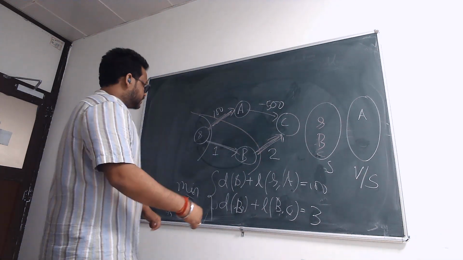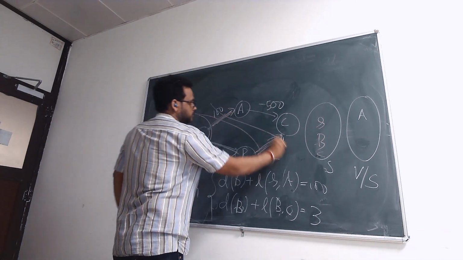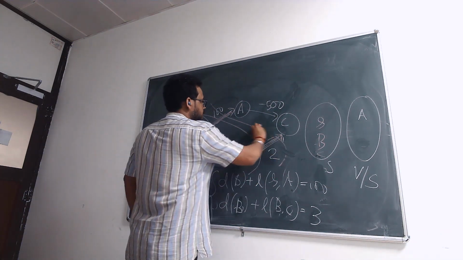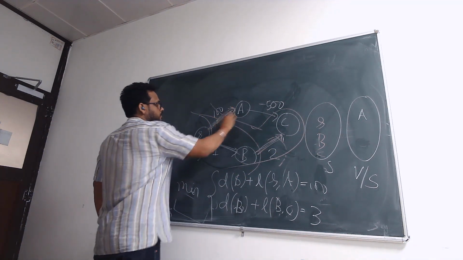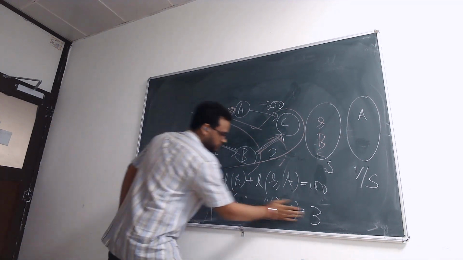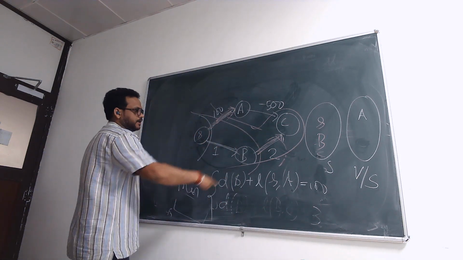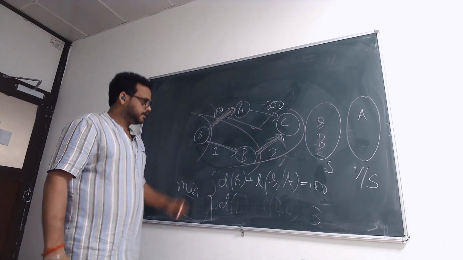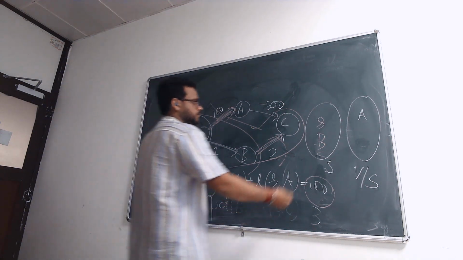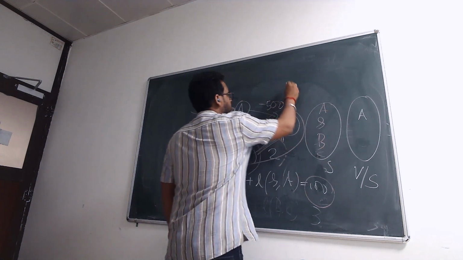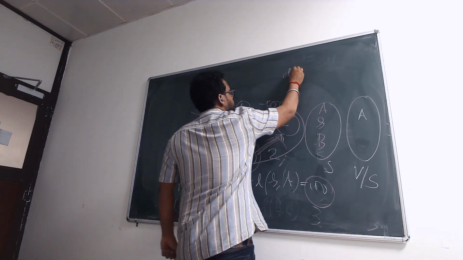Great. So next iteration. Sorry, this is your new cut. So we have only one cut edge, this one. So in the next iteration I will look at only one node, that is node A, and finally A will be on this side. So what is the distance from S?